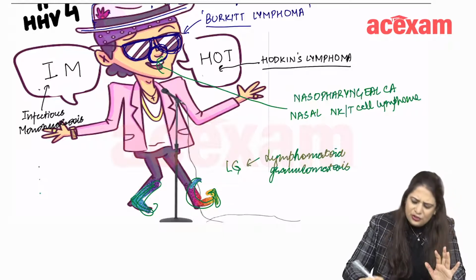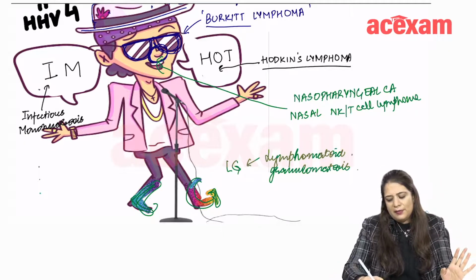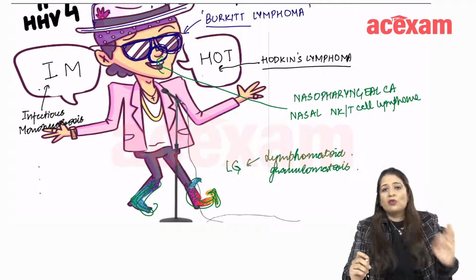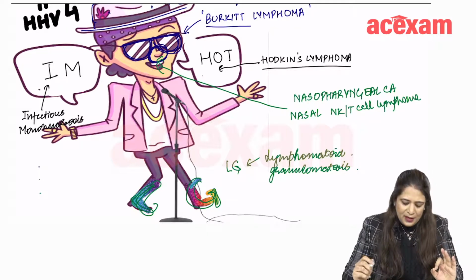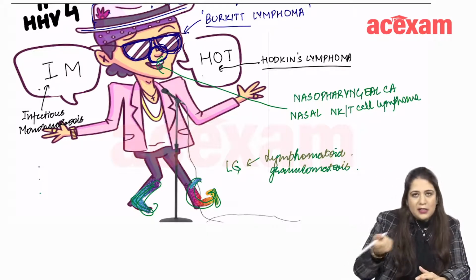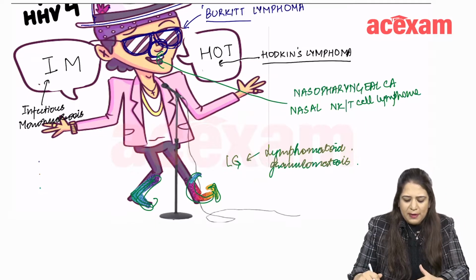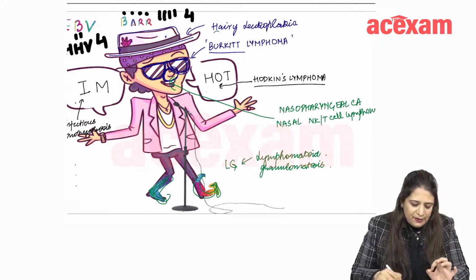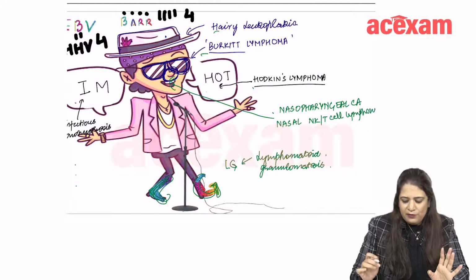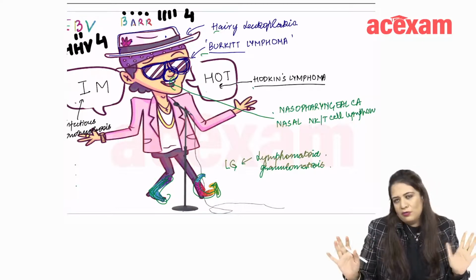So this is also a condition. I won't go into detail, but remember, lymphomatoid granulomatosis is also associated with EBV. Then there are certain other, these are actually bonus questions. If you remember just the hairy leukoplakia, Burkitt's, Hodgkin's, infectious mononucleosis, and nasopharyngeal carcinoma, you are good to go.